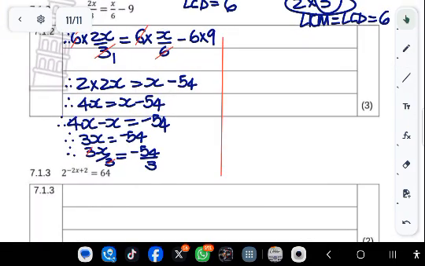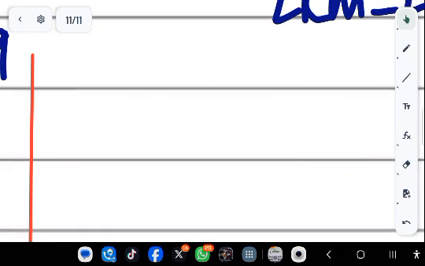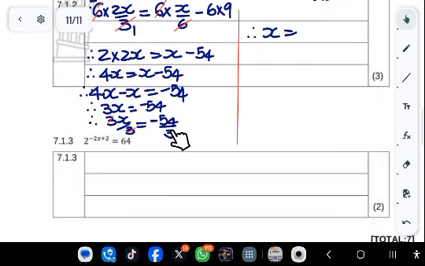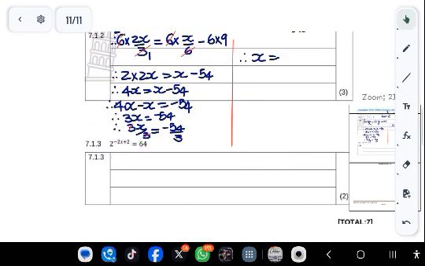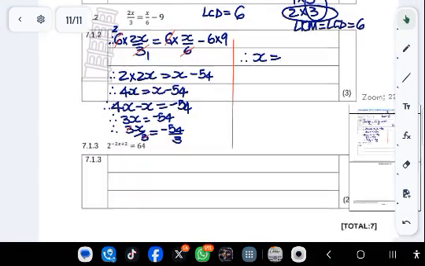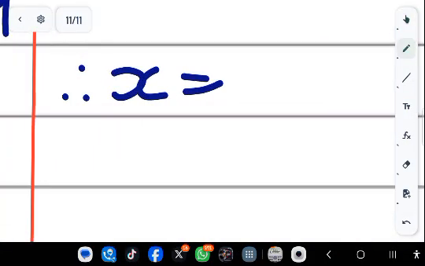Therefore x equals negative 54 divided by 3, which is negative 18. x equals negative 18 is the answer.